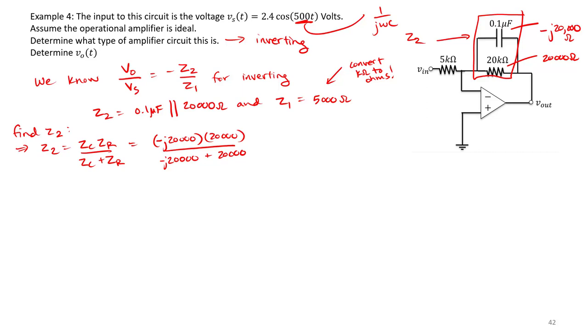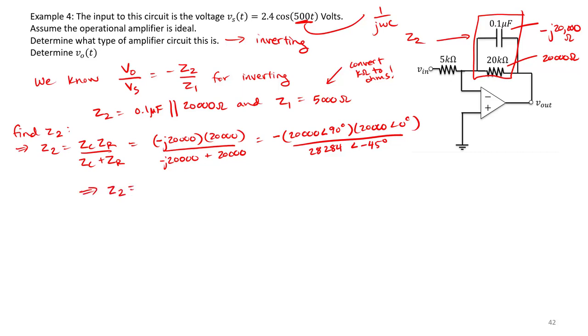So if we go ahead and simplify this whole thing, I'm going to convert the numerator to polar form, and so we'll actually end up getting negative 20,000 angle 90 degrees times 20,000 angle 0 degrees divided by this bottom portion, which will become 28,284 angle negative 45 degrees.